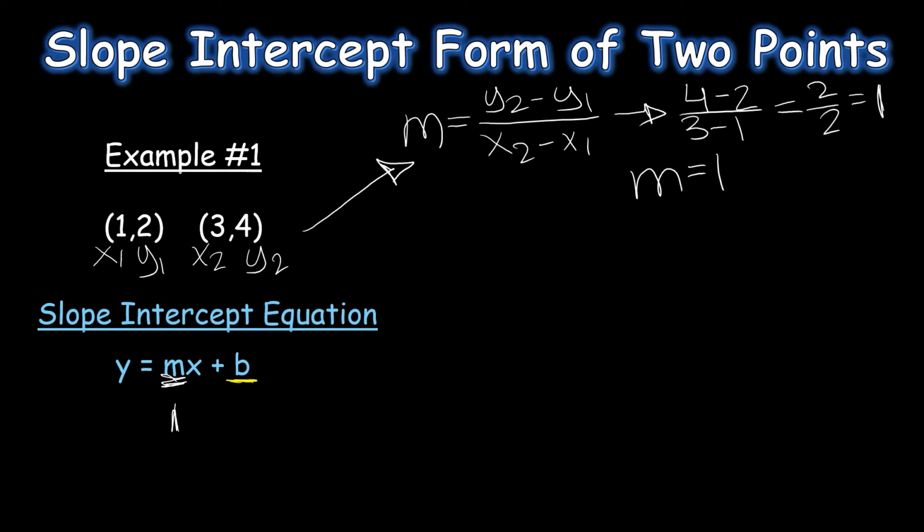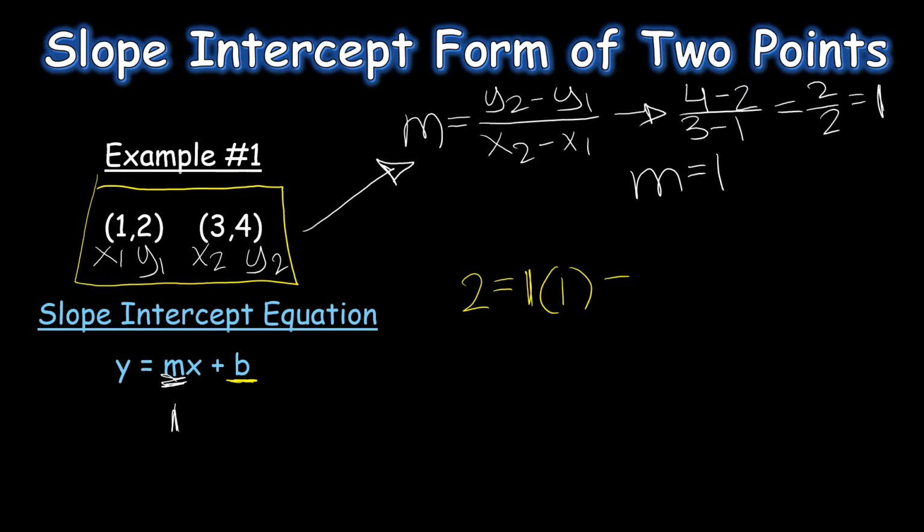In order to find this, we plug in one of these points into our equation and we can solve for b. So I'm going to choose the first one, (1, 2). Our y value is 2 equals, and then our slope is 1, and then our x value is going to be 1, plus b.